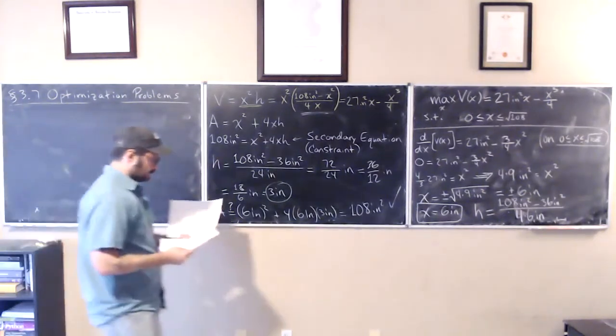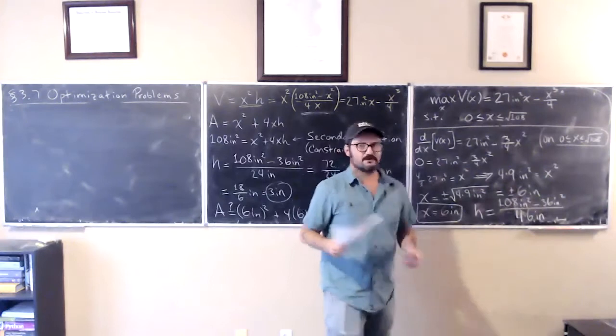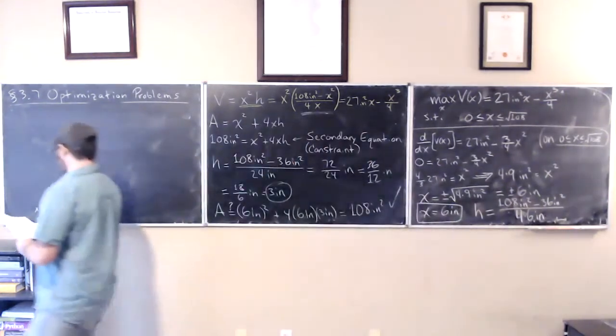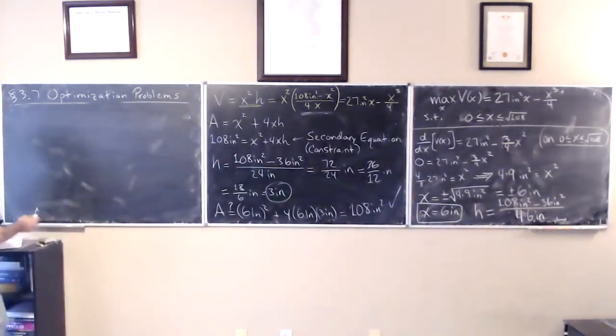Okay, so let's look at another problem. Let's actually look at the problem that I discussed last time, that I asked all of you to work on together over the weekend.